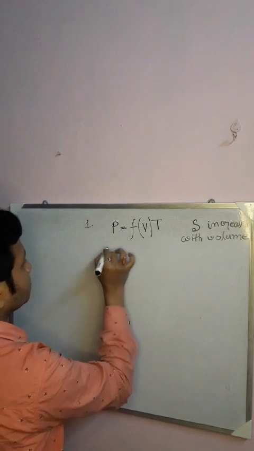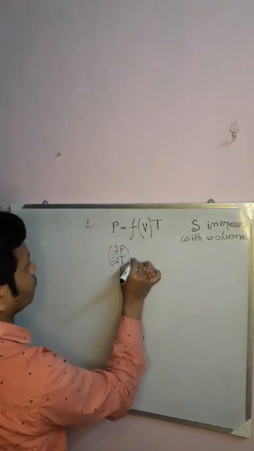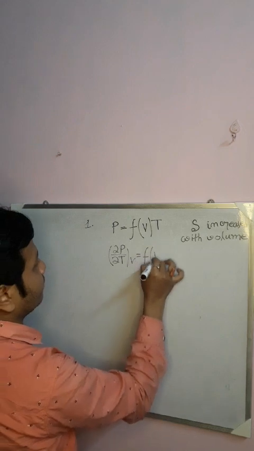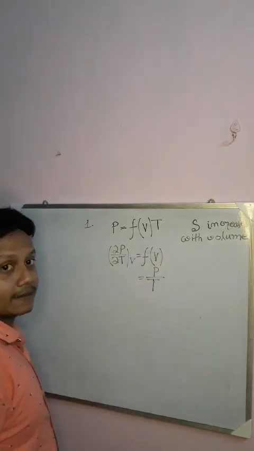Now from this relation what can we write? Del P del T at constant volume equals f of v, and f of v means P upon T. So this we can write.